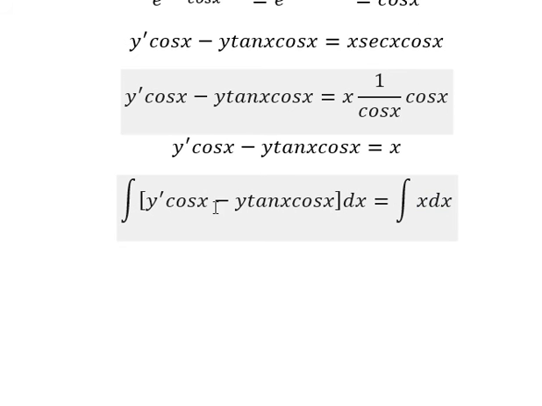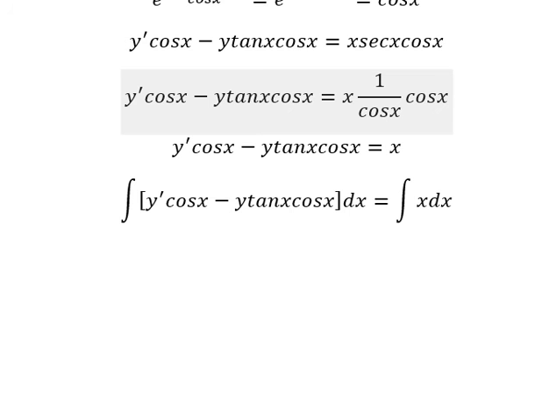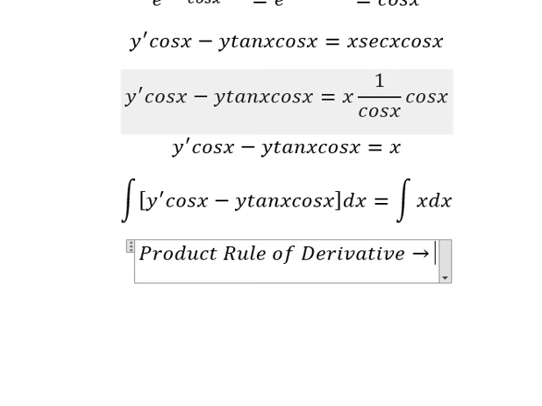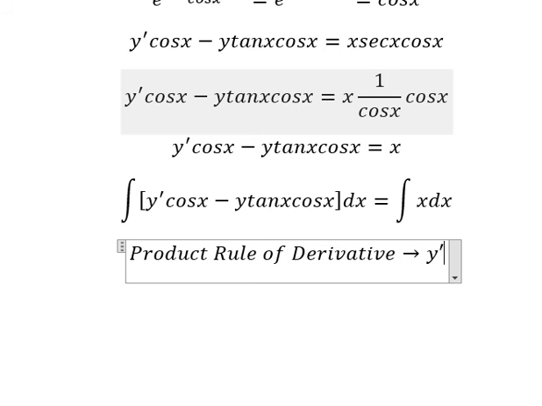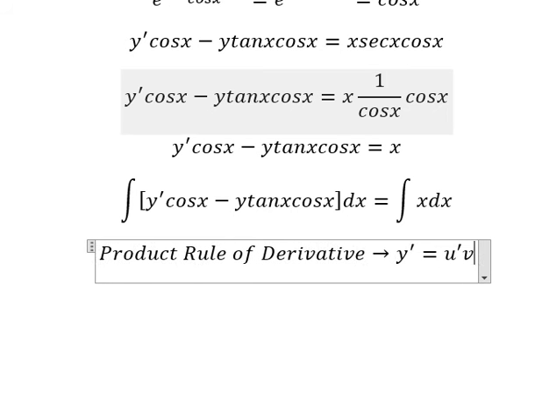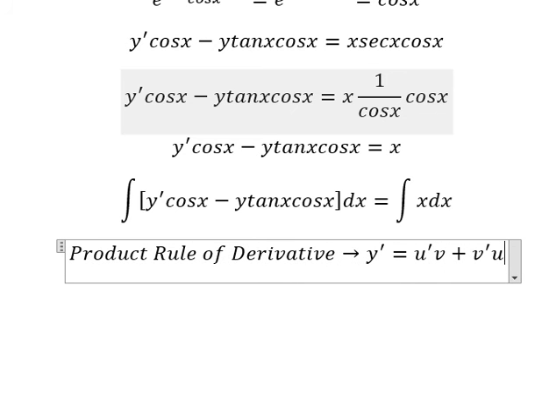So if we look carefully at this one, we can apply the product rule of derivative. So we have the first derivative of y equals the first derivative of u multiplied by v plus the first derivative of v multiplied by u.